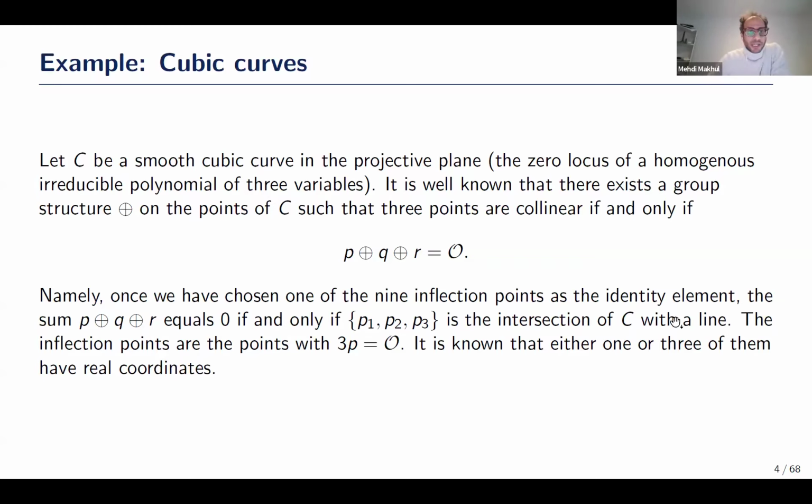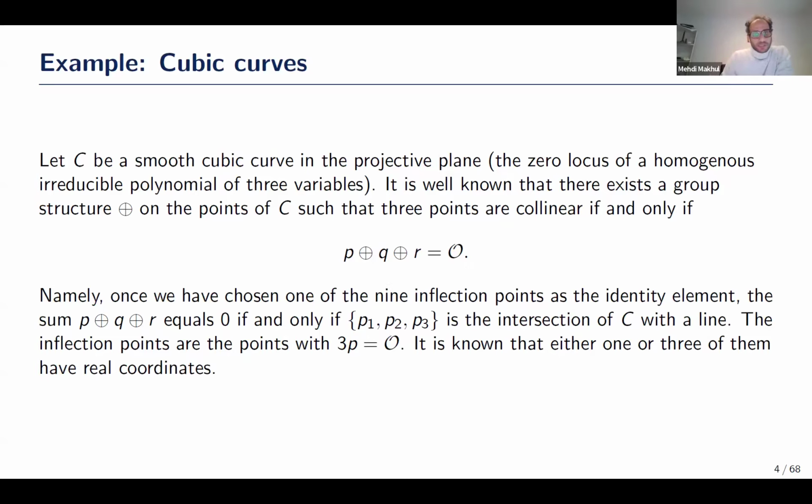It's known that there exists a group structure on the curve such that one can decide when 3 points are collinear or not. In other words, one can define a group on C such that 3 points P, Q, R on C are collinear if and only if the sum of them, with respect to the group operation, is the identity element.